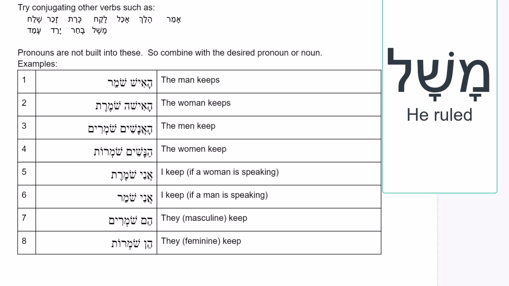This one? Moshlim. And this one? Moshlot. Moshel, Moshelet, Moshlim, Moshlot. Try all four.